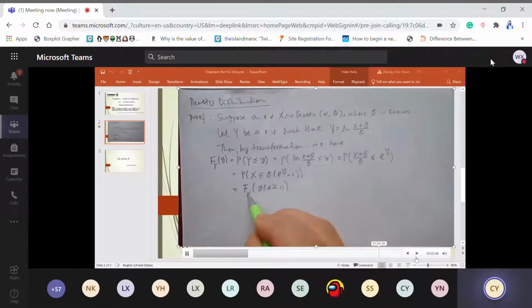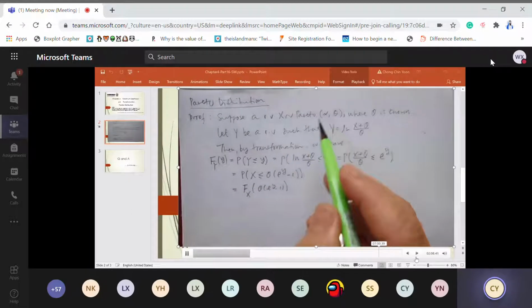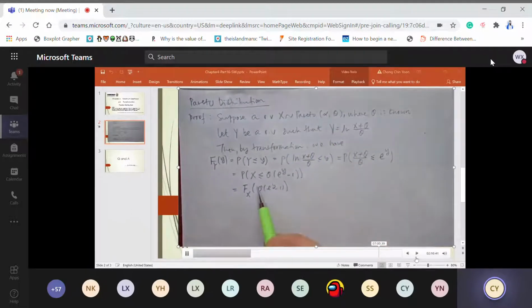based on X. Now, since X is Pareto distributed, this CDF we can get the formula from table C, which is equal to 1 minus the parameter theta divided by this X value plus the parameter theta, to the power of alpha.